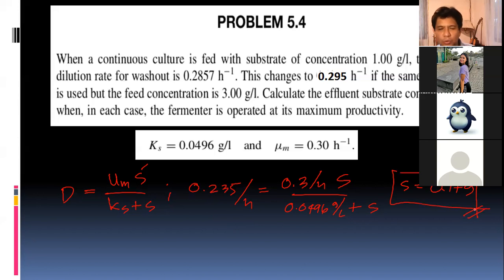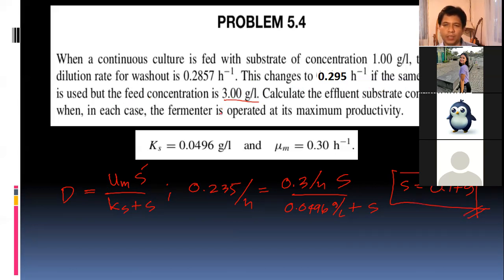Okay, so what I want you to do is get a piece of paper and then try to solve the second case. On the second case, this changes to 0.295. So the new critical dilution rate is 0.295, if the same organism is used, but the feed concentration is 3 grams per liter.